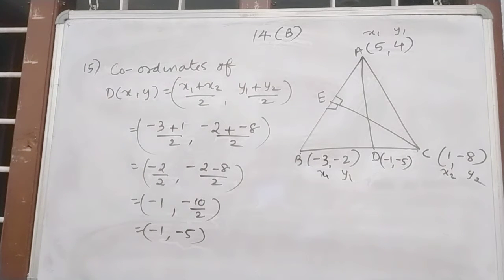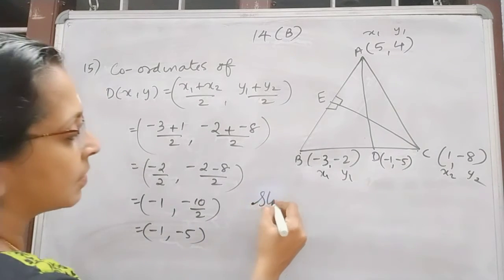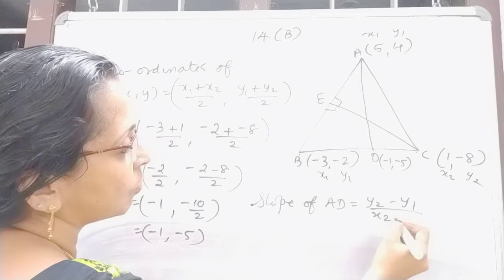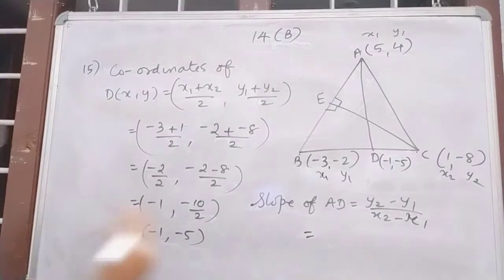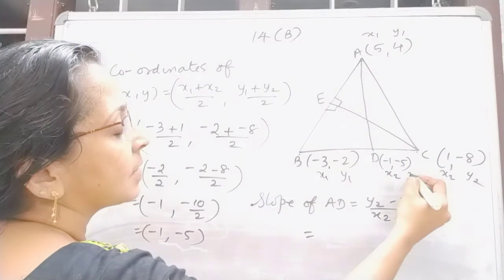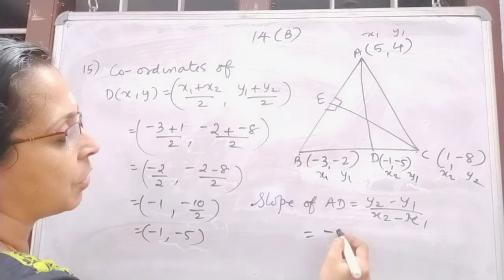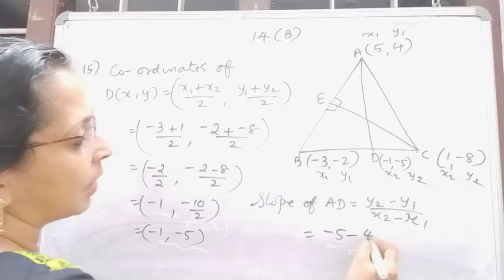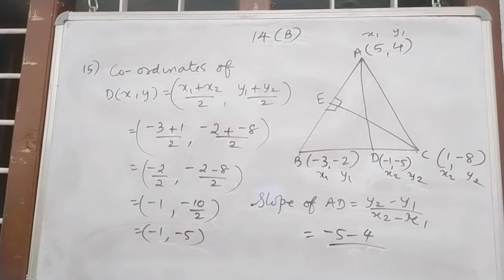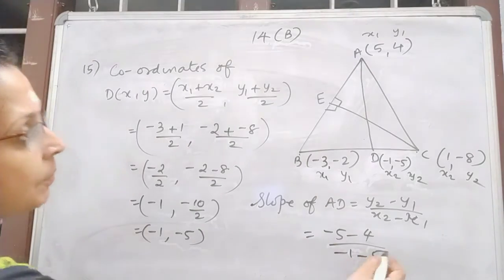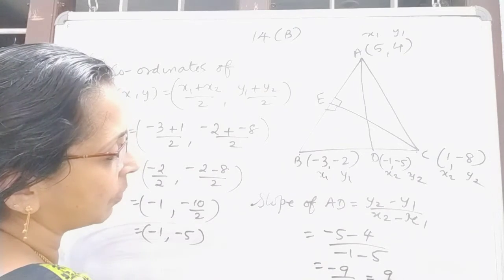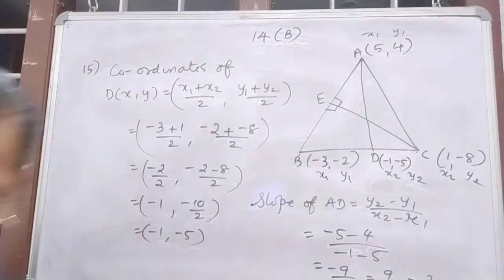We have to find the slope of AD. Slope of AD is equal to y2 minus y1 divided by x2 minus x1. So slope of AD will be negative 5 minus 4 divided by negative 1 minus 5, which is equal to negative 9 by negative 6, which is equal to 9 by 6, that is 3 by 2.